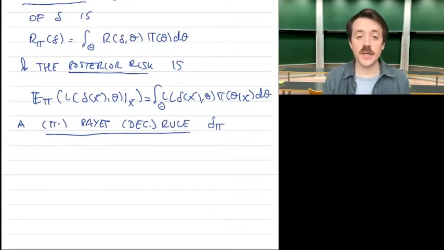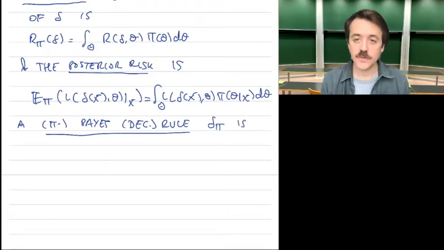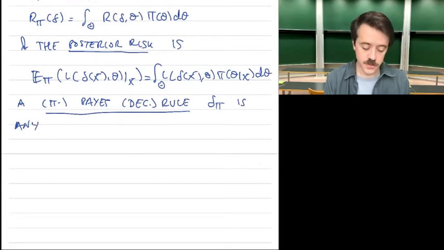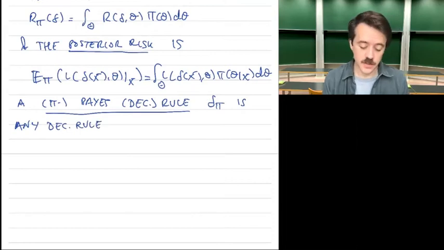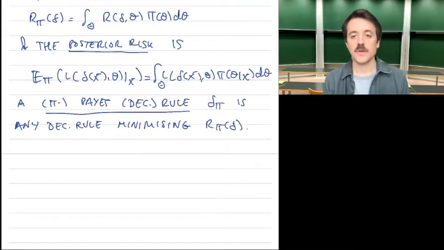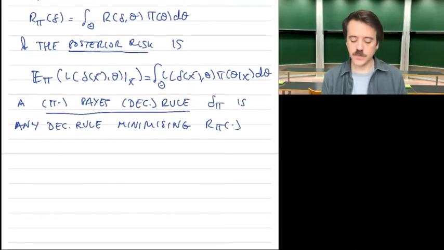This is going to be a minimizer of this Bayes risk. So it is any decision rule minimizing precisely the R pi of delta. So that's the function we're minimizing.